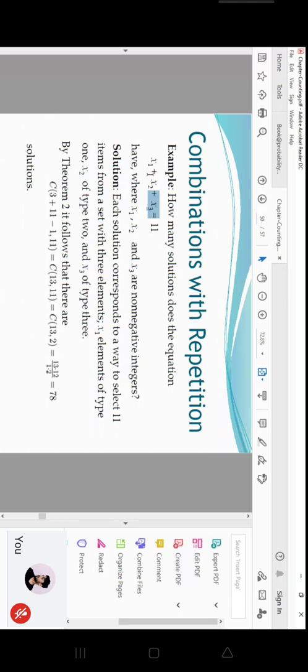So x1 is a type of chocolate, say Cadbury, x2 is say 5 Star, x3 is say Eclairs. So how many ways can I select 11 chocolates out of these 3 categories? It is not mentioned how many Cadburys or how many 5 Stars there are. It is only asking how many ways I can select 11 chocolates out of these 3 categories. 3 is not the number of chocolates.